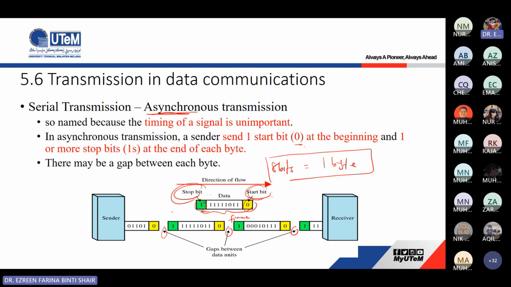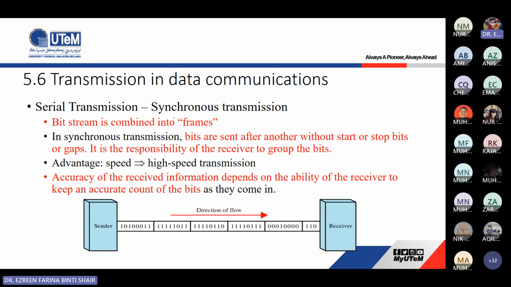Different to asynchronous transmission, this is synchronous transmission. If you look at the figure here, the stream of bits is combined into frames. This is what we call frames: one frame, second frame, third frame, fourth frame, fifth frame.